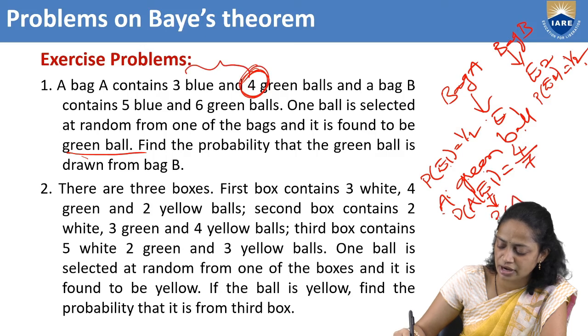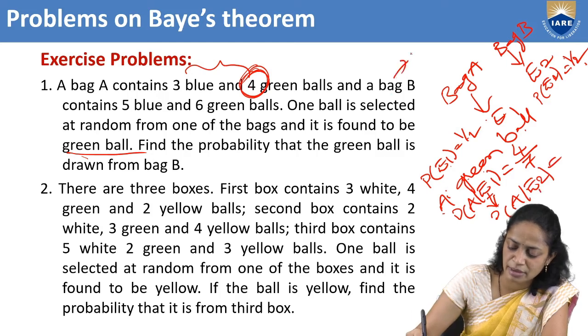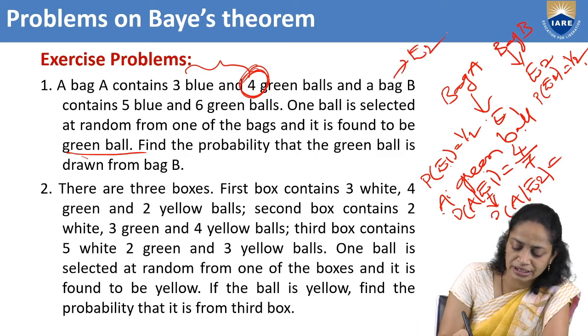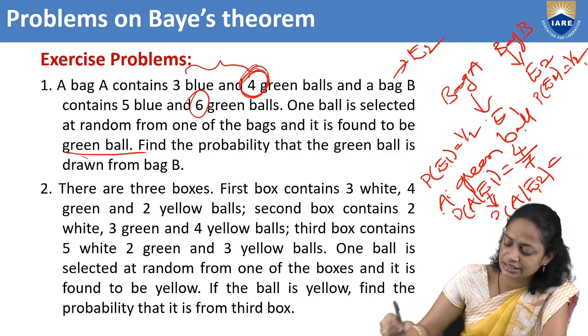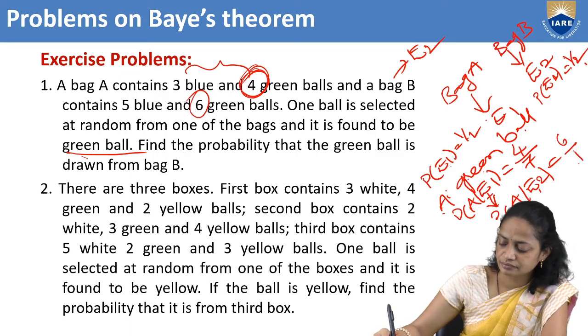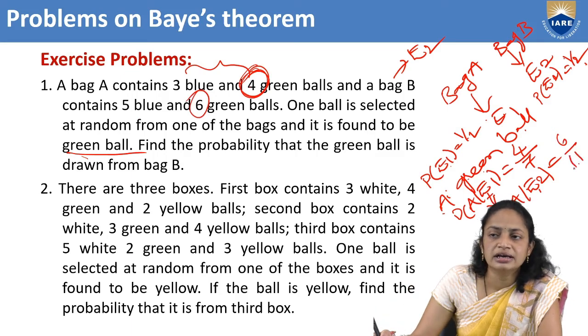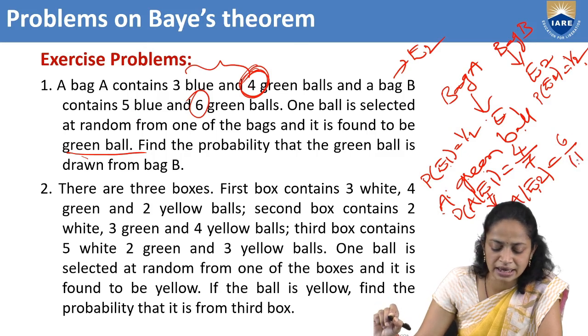Like that we need to find probability of A given E2. E2 is nothing but bag 2. Here also we need to focus on green balls. How many green balls are there? 6 green balls out of 11. So that's why probability of A given E2 is 6 by 11.